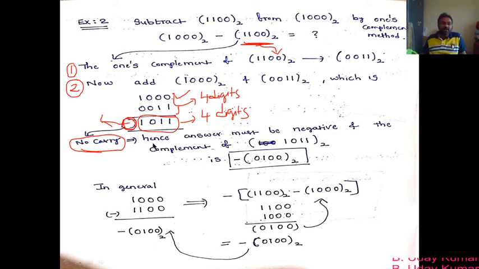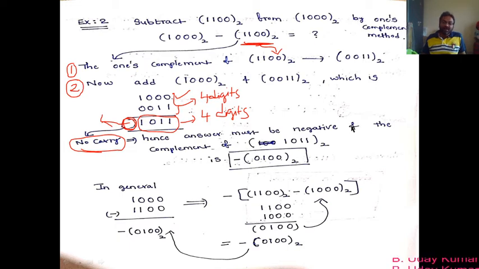Since there is no carry here, the answer must be negative. Answer must be negative means what? It means that 1100 is bigger than 1000. So that is what you have to understand. That's it. Is that fine? Okay. So since there is no carry, the answer must be negative.